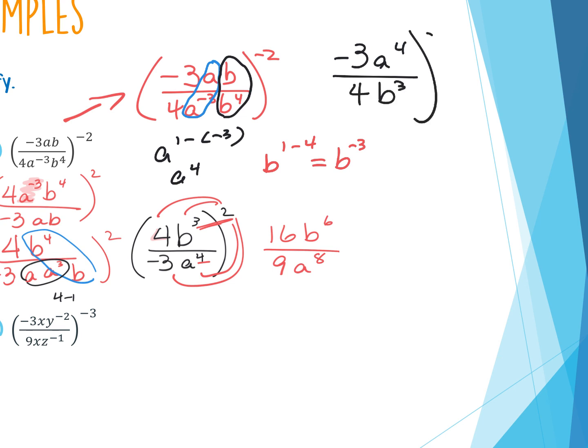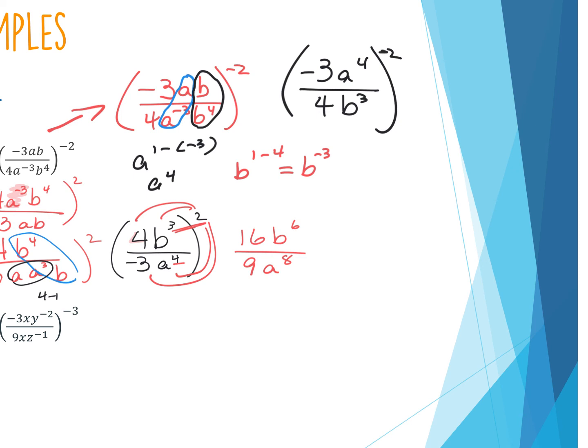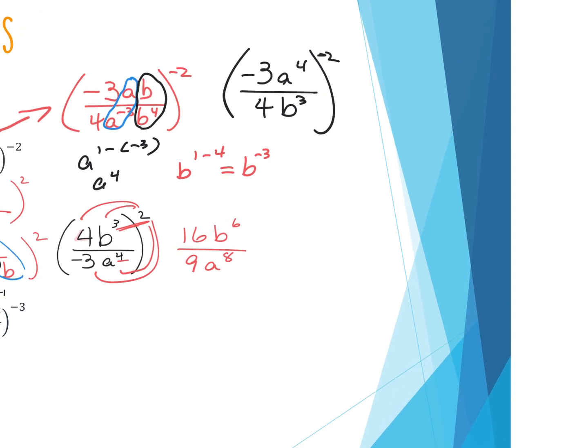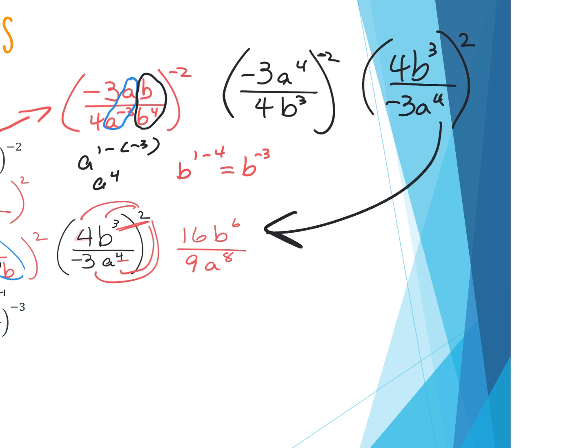And now it's still squared. So all I did was simplify the bases that were the same, and this is a negative. So now what I'm going to do is flip it to the reciprocal. So 4b to the third, negative 3a to the fourth, and now my exponent is positive 2. And now I can square everything that's in here, and it'll turn into that. Either method, it works. It doesn't matter how you want to do it.